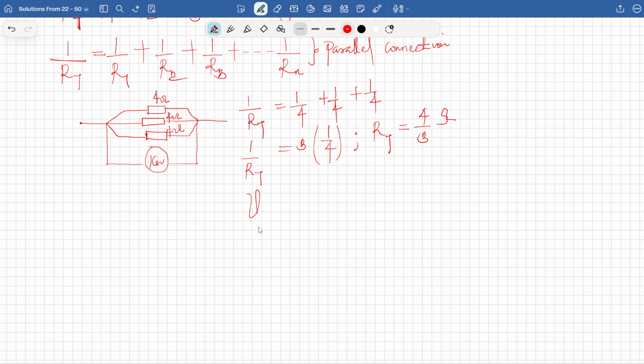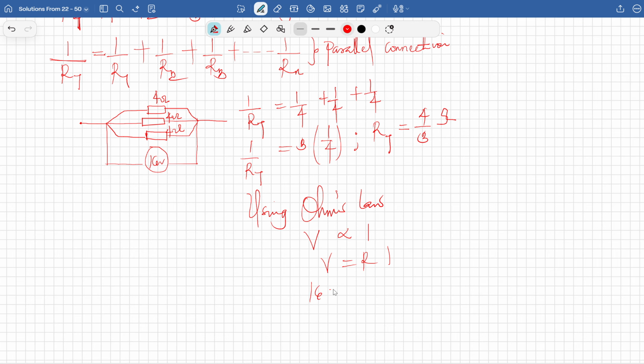To get the current, we are going to use Ohm's law, which says that voltage or potential difference is proportional to the current passing through a conductor. Introducing an equality sign, the constant of proportionality is resistance, so V equals IR.